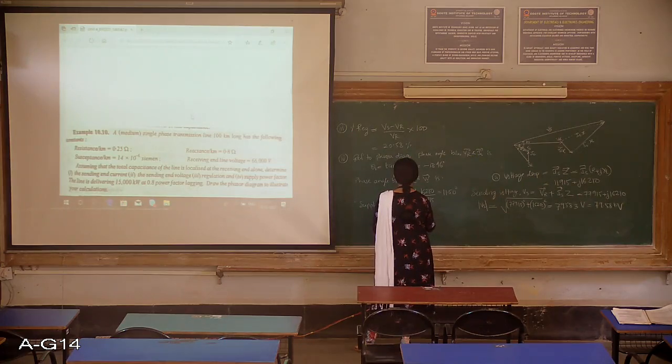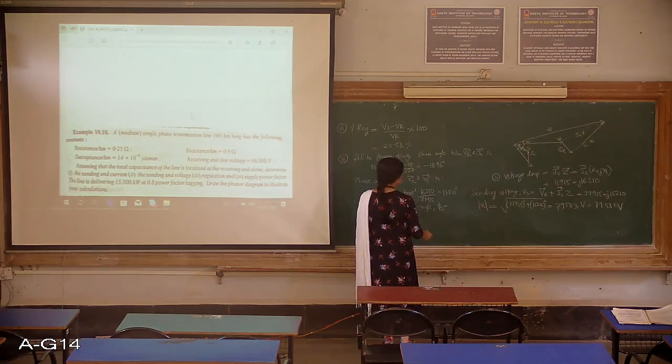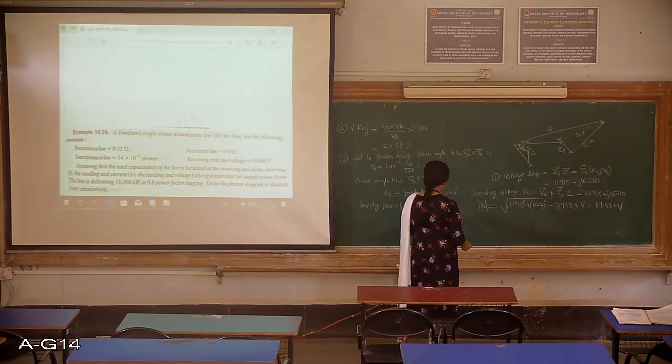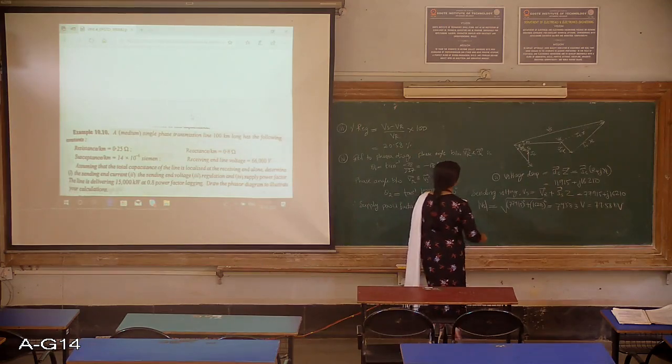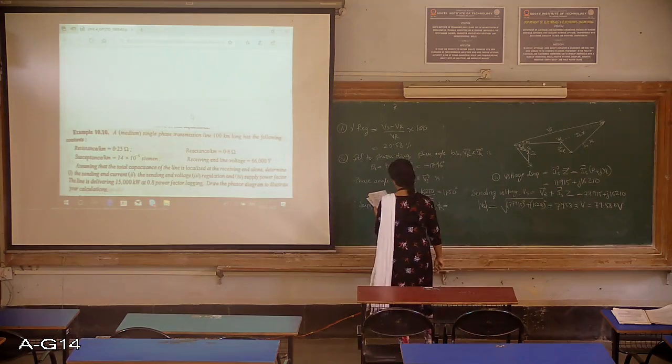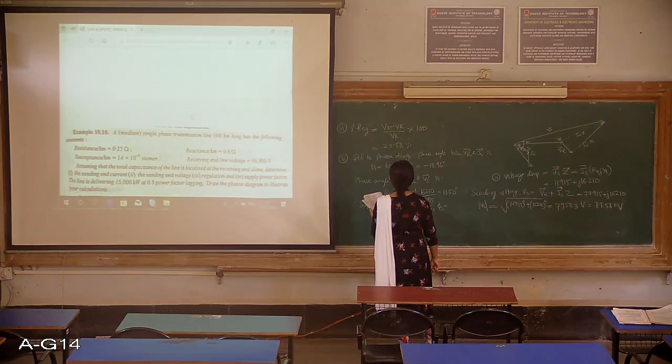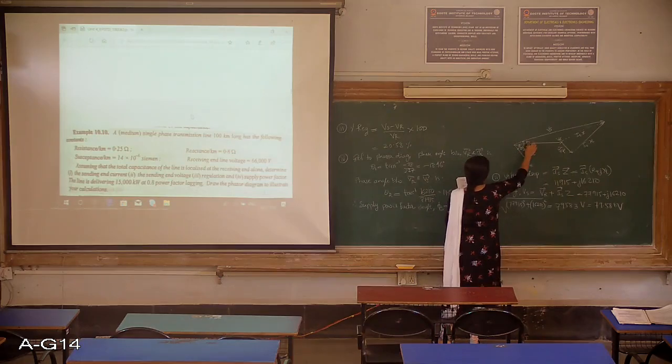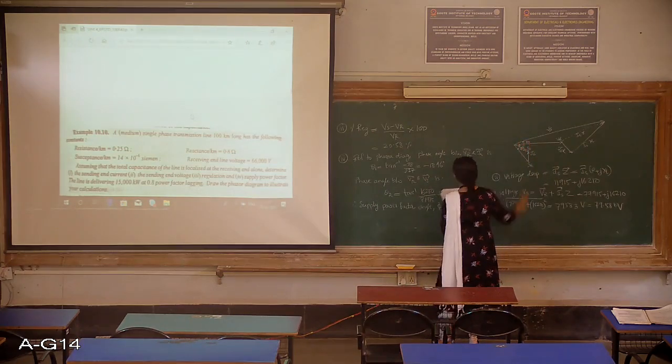Therefore your supply power factor angle phi s will be theta 1 plus theta 2. We have calculated here, this angle plus this angle is your total phi s.